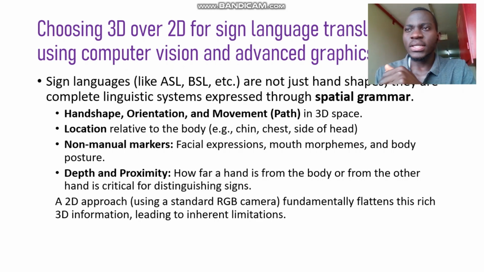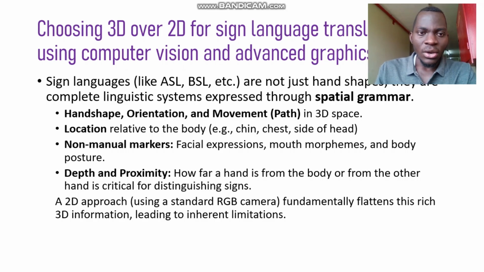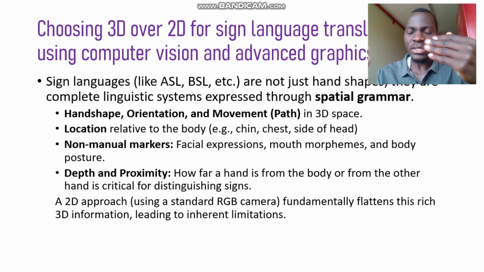In the previous lecture, we were tasked to find out about 3D and 2D and why we are going to choose 3D over 2D for our sign language translation using computer vision and advanced graphics. Sign languages like American Sign Language, British Sign Language, and also our Ugandan Sign Language are not just hand shapes.